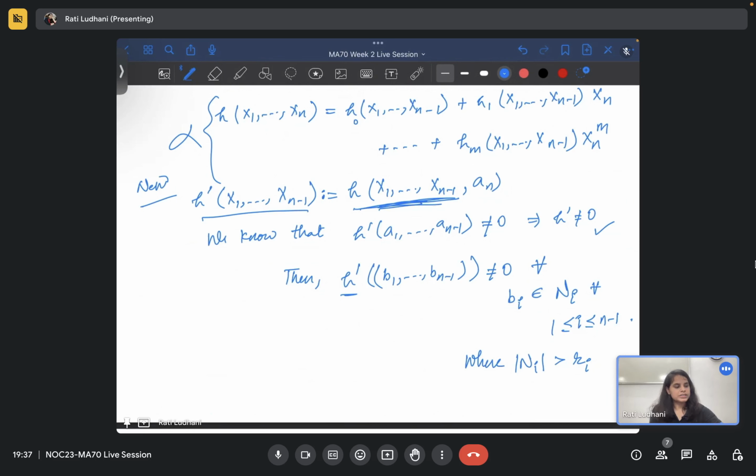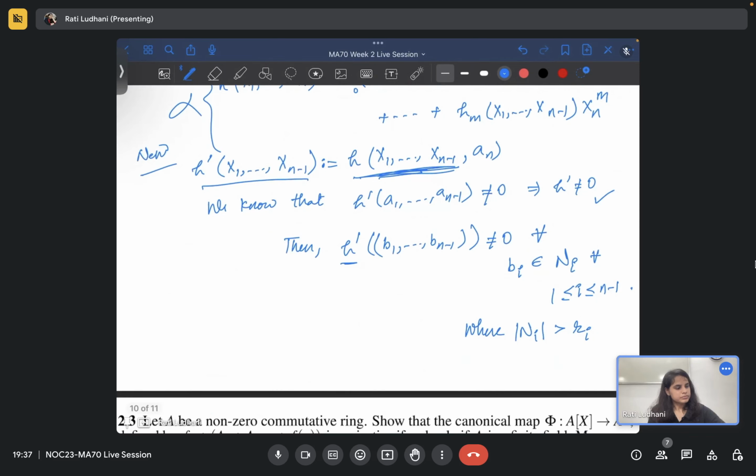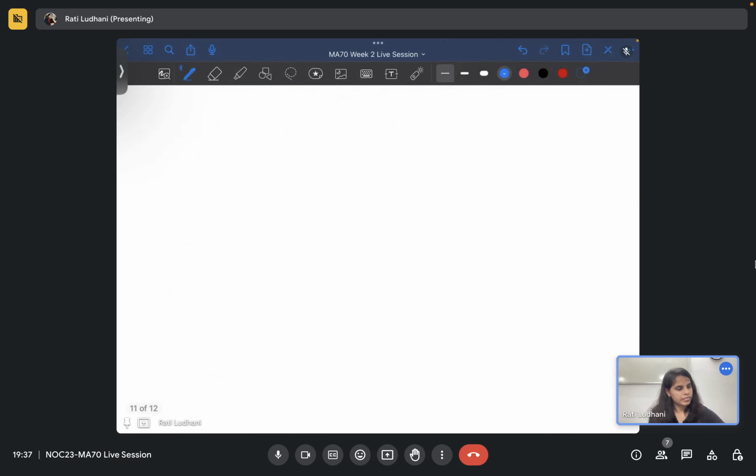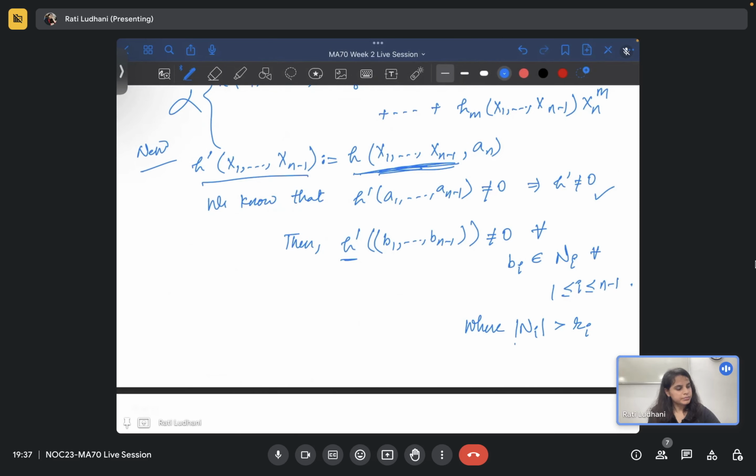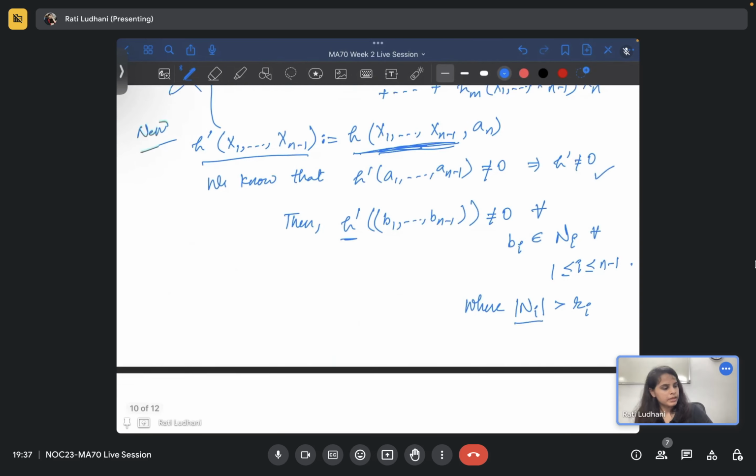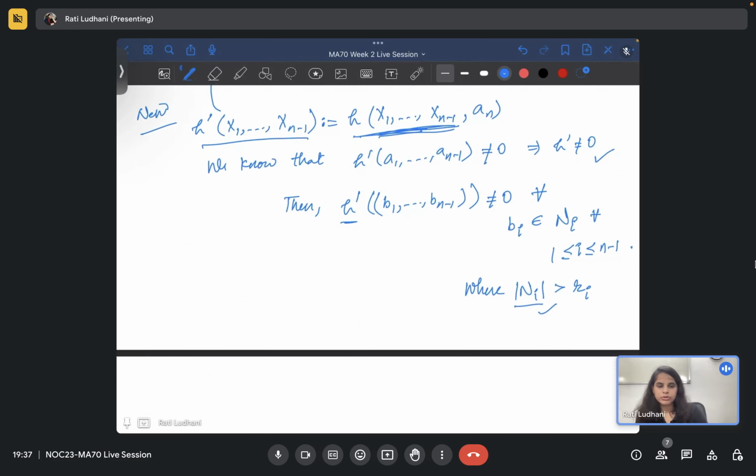So the degree in xi will be the same for h dash also. So you get that the cardinality of Ni is greater than ri, and you have produced Ni from there.